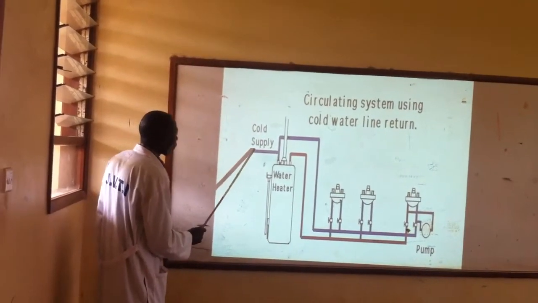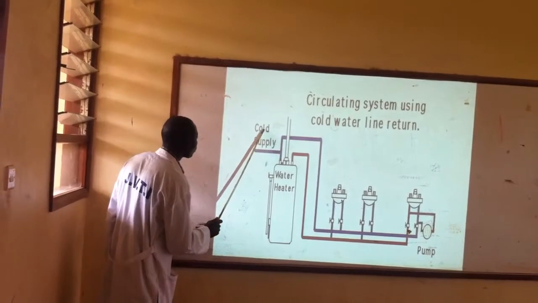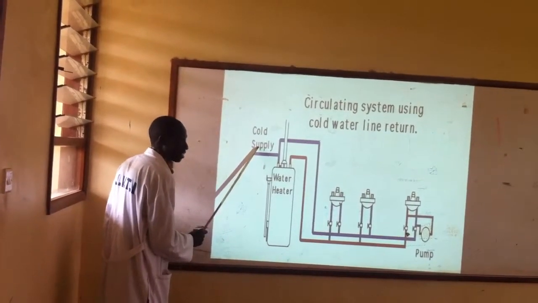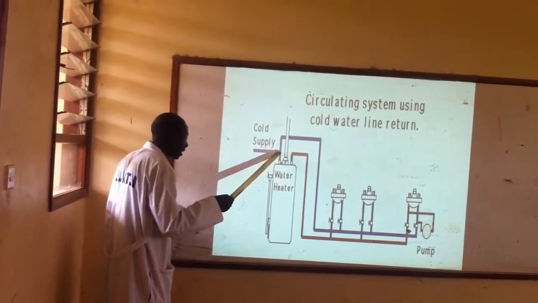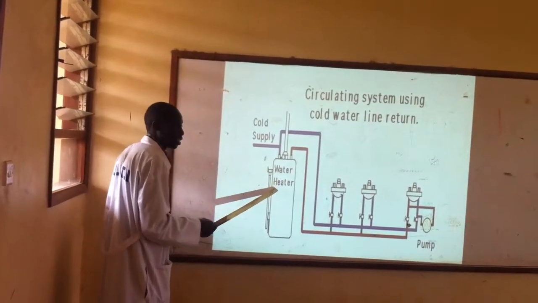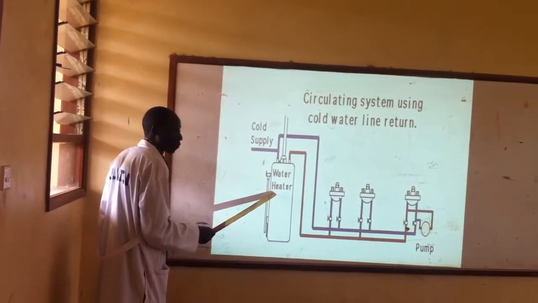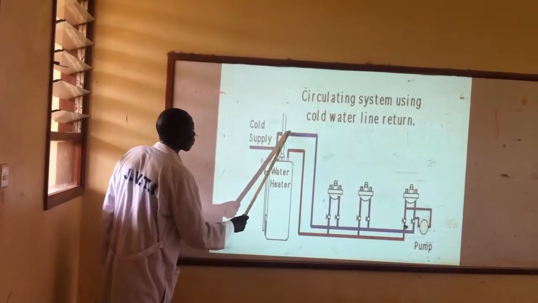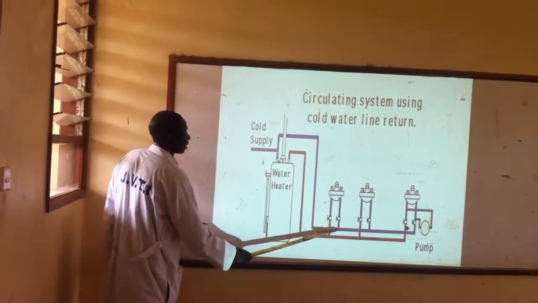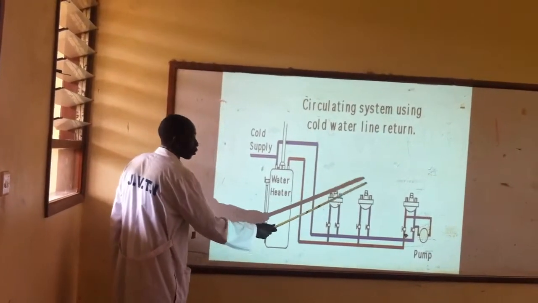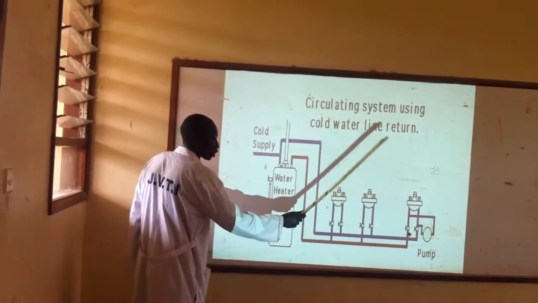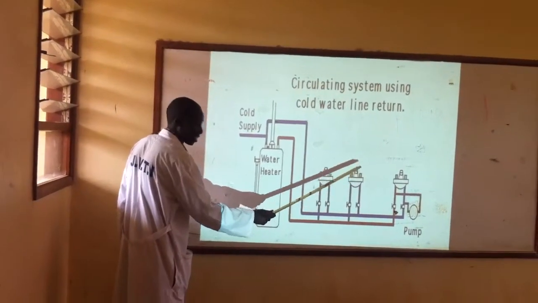Now water is supplied through, you see, the cold supply. Water is supplied through this. Others are coming to feed the hot water heater, and the others are going to feed wash hand basin 1, basin 2, basin 3.